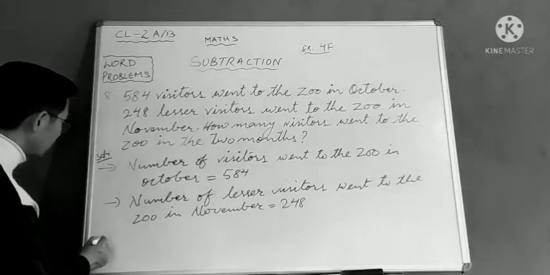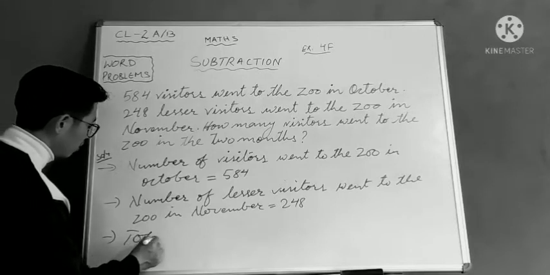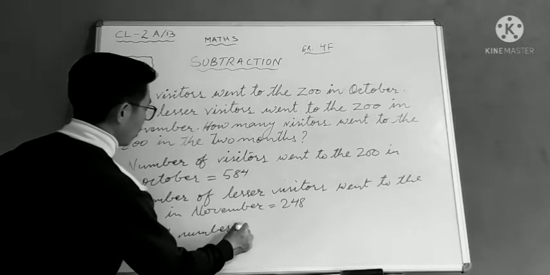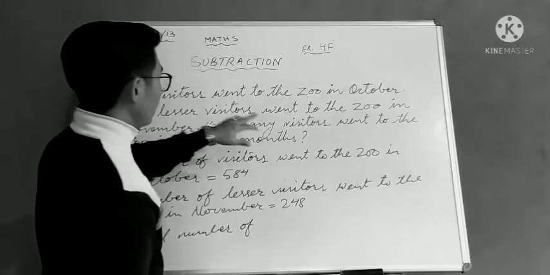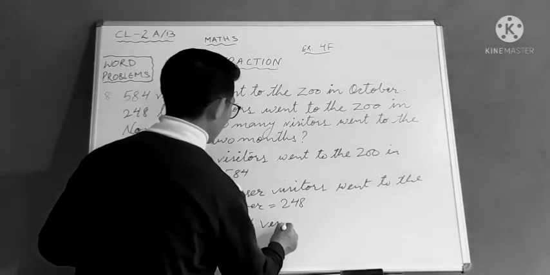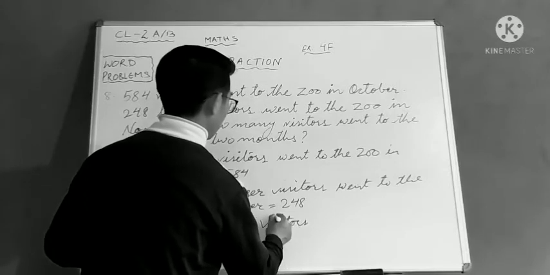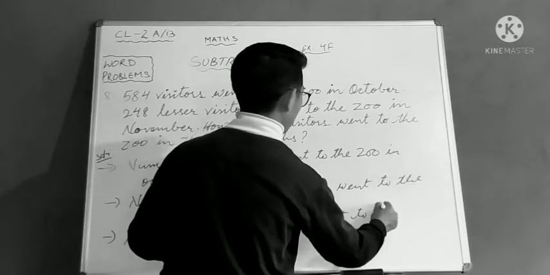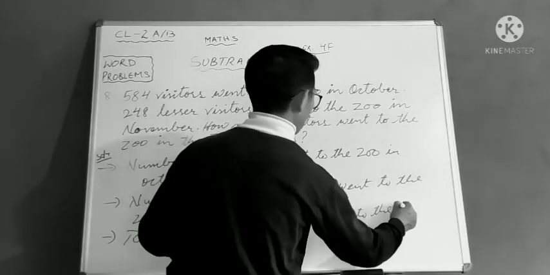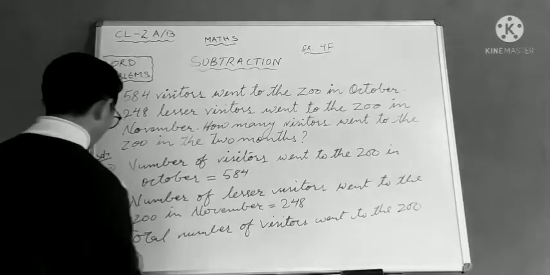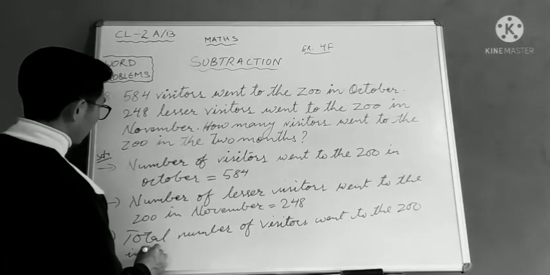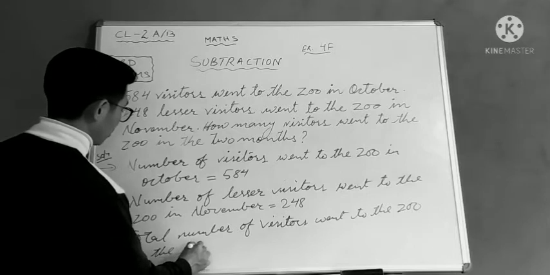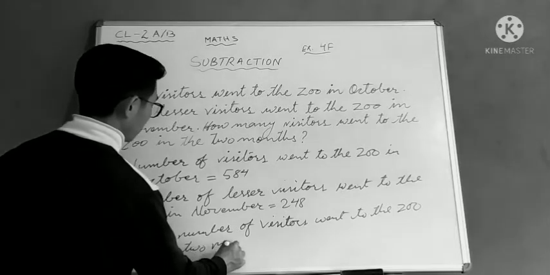Now the final is total number of visitors went to the zoo in the 2 months.